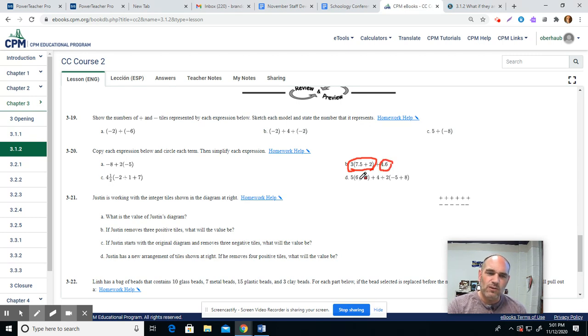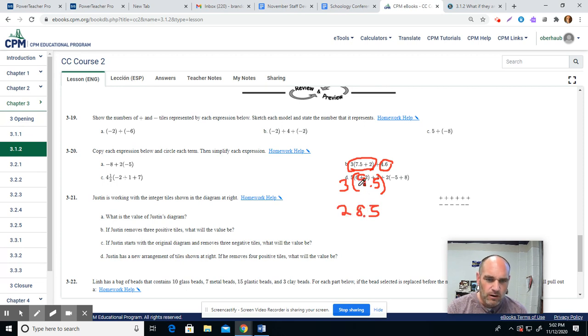So the first thing I'm going to do is find the value of this term. So we always do what's in parentheses first. So I'm going to do 7.5 plus 2, which would be 9.5. And then I need to multiply that by a 3. Let's see, 3 times 9.5, I believe is going to be 28.5, with 1 decimal place.